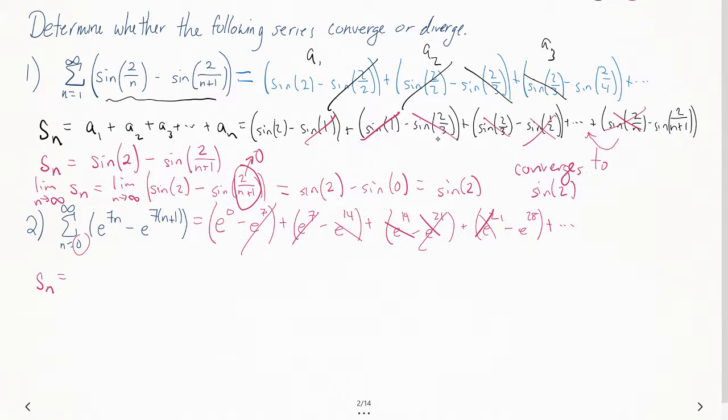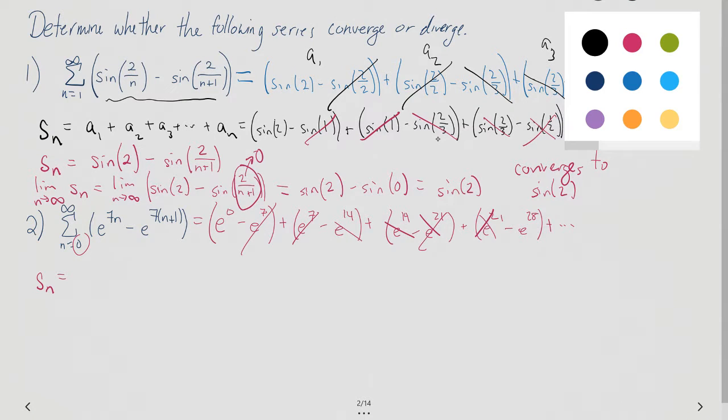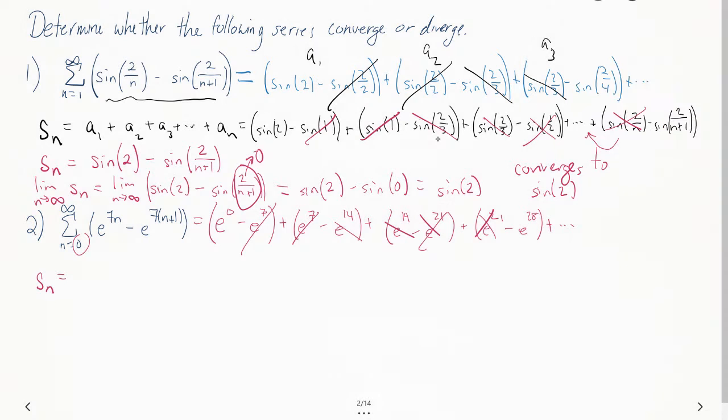Now, I should give a warning too. You notice how things are canceling nicely and we will have an nth term involved. That's something that we want to take note of here. So if we have a1 plus a2, Sn is that nth partial sum. So you sum this up all the way to an. What do we get? Well, you get e to the 0 minus e to the 7th.